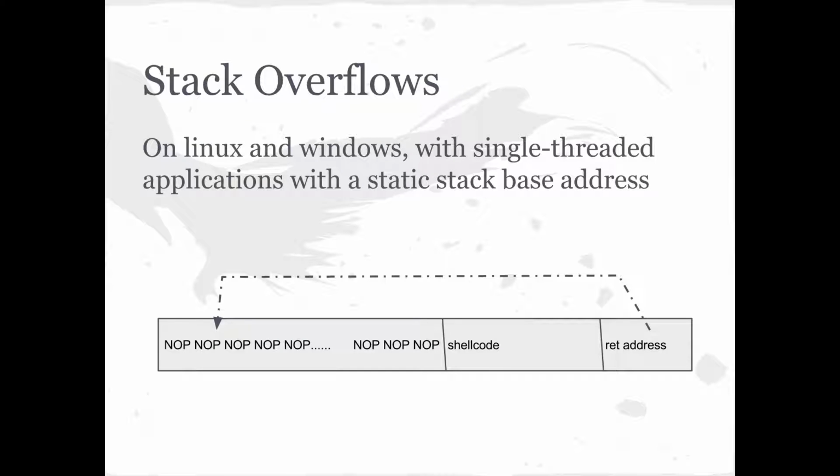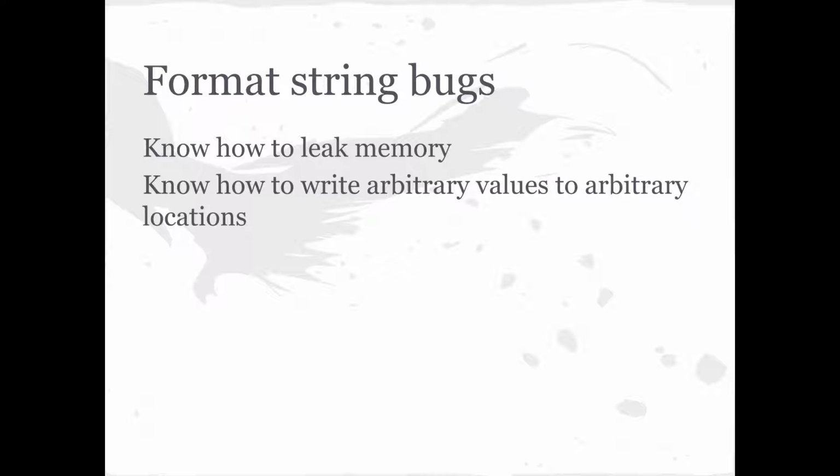You should be very familiar with stack overflows and how to exploit a basic buffer overflow. You should be familiar with format string bugs and exploitation. You should know how to leak values off the stack and arbitrary memory addresses, and how to write arbitrary values to arbitrary locations. You will not be expected to do it by hand.